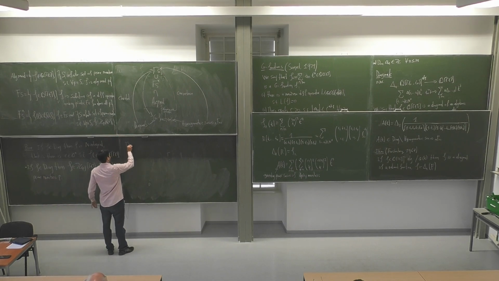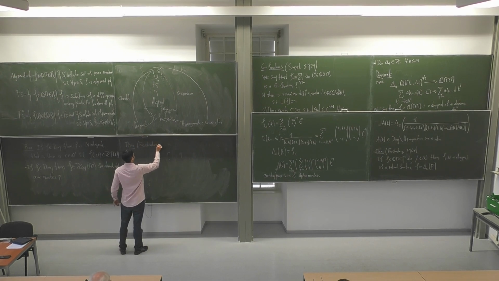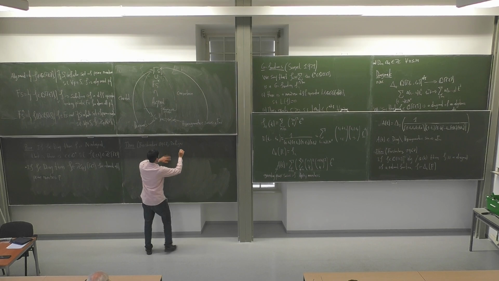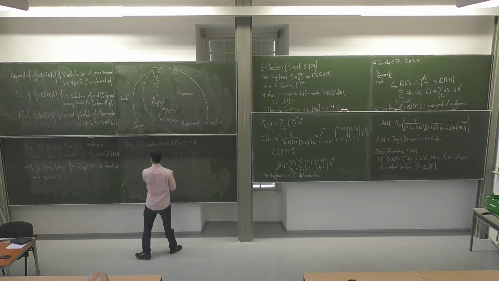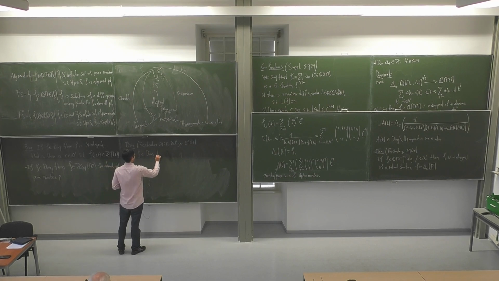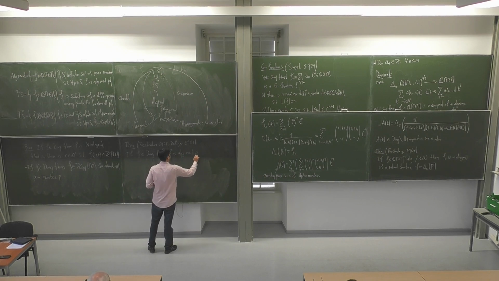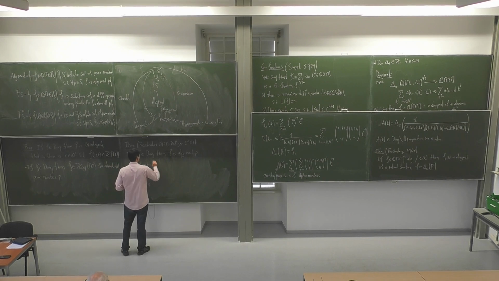So, if f belongs to the set of diagonals, then f is algebraic mod p for almost all prime numbers p.